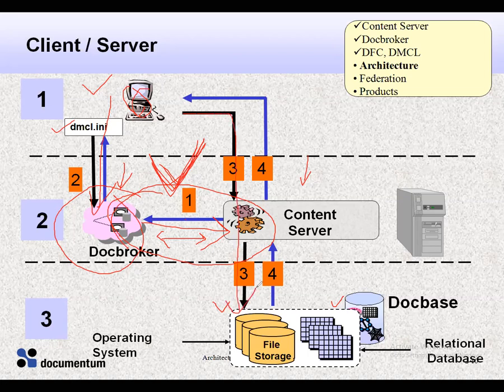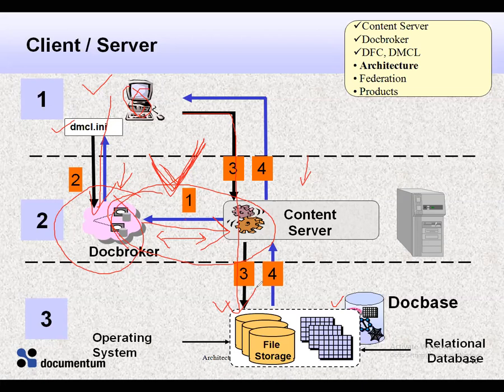For example, when you have to interact with the docbase, the initial request comes through the docbroker. The docbroker will not ask for your credentials, it just checks whether the docbase is up or not.